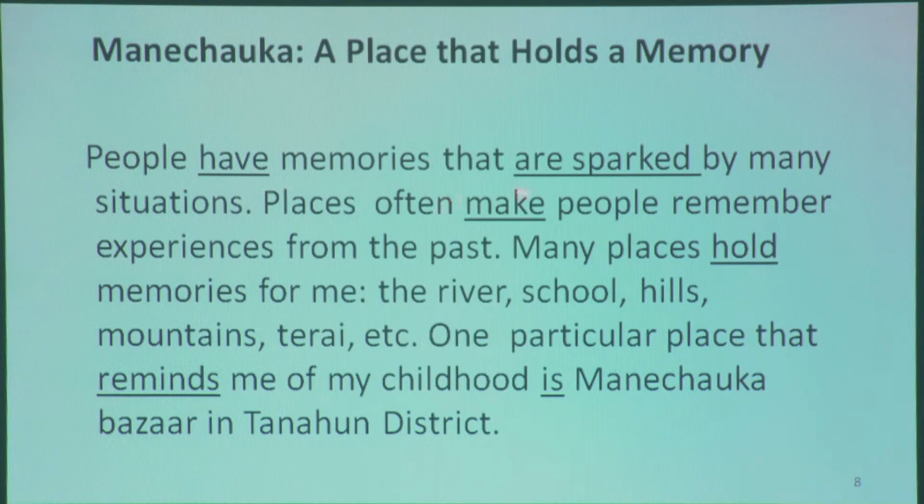People have memories that are sparked by many situations. Places often make people remember experiences from the past. Many places hold memories for me. The river, school, hills, mountains, tarai, etc. One particular place that reminds me of my childhood is Manechauka Bazaar in Tanahun district.